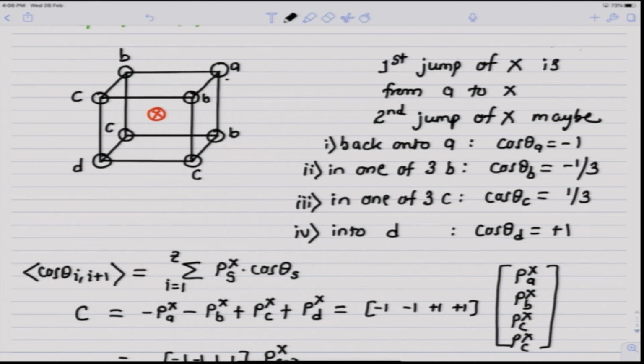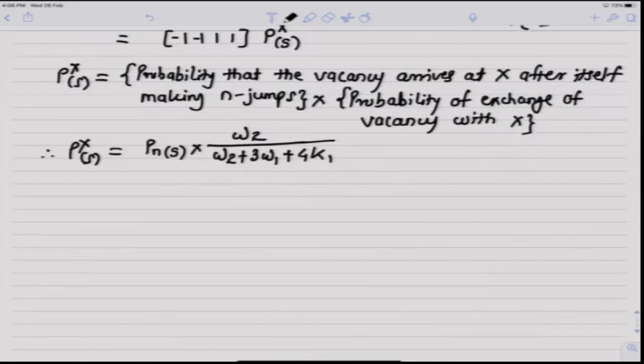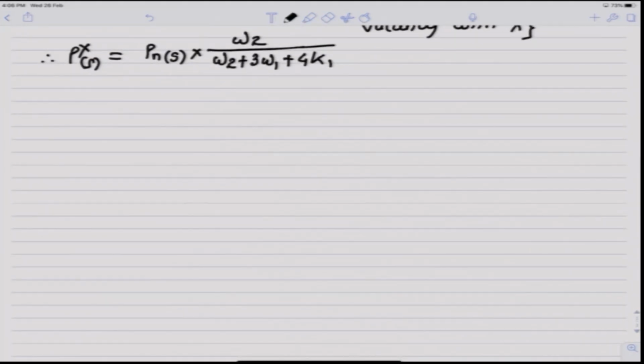So, for the vacancy to exist at A after n jumps, the vacancy should have been on one of the nearest neighbors of A after n minus 1 jumps. Okay. Let me redraw this again here.